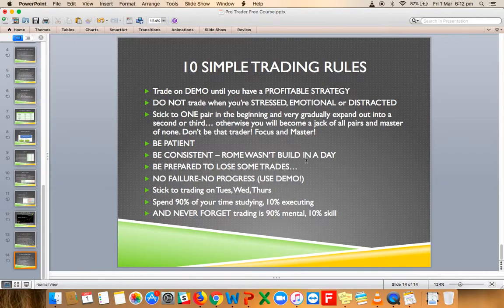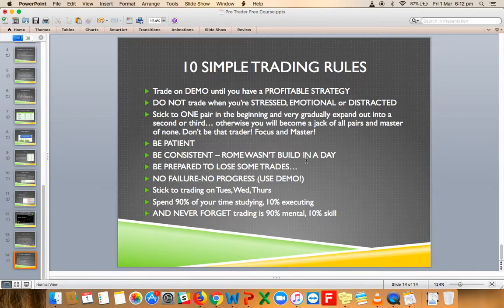Stick to trading on Tuesdays, Wednesdays, and Thursdays. The reason is that Mondays are not always very good. The market is just picking up. Tuesdays, Wednesdays, and Thursdays are some of the best days to trade. Spend 90% of your time studying and 10% executing. Study the charts, study the trading style you're using, learn, and expand your methods until you are confident in what you're doing.